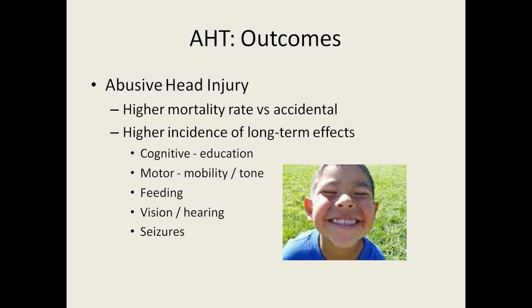Even kids with pretty severe accidents, in car accidents or falls from 2-story buildings, those kids do better overall than our abusive head trauma kids. They have a higher incidence of long-term effects like cognitive delays, motor delays, feeding problems, vision and hearing problems, seizures, that kind of thing.